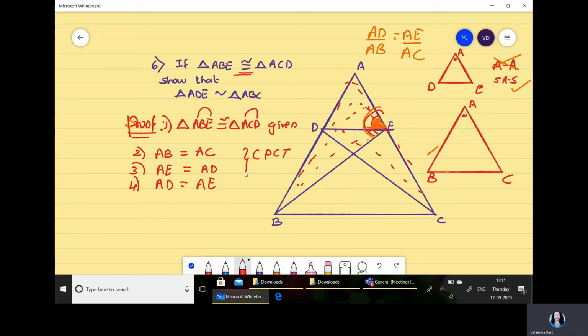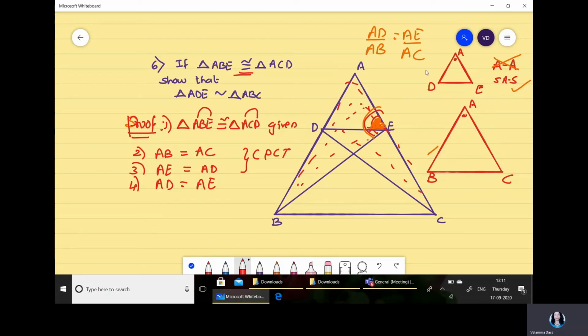This is by CPCT. Again, I want it in the form of a ratio. So can I divide equations 2 and 4, that is LHS upon LHS and RHS upon RHS? If I do that, I get AB upon AD and AC upon AE.